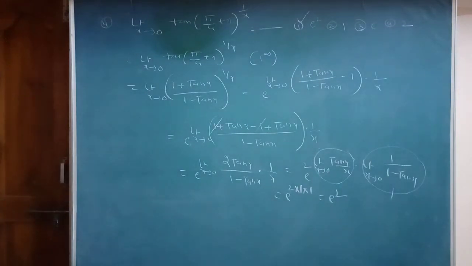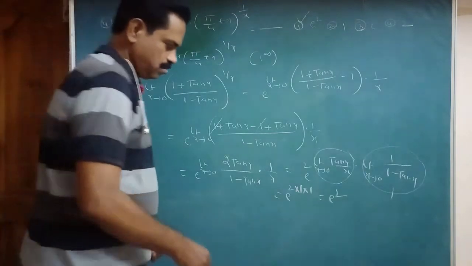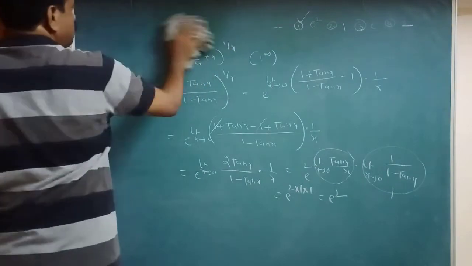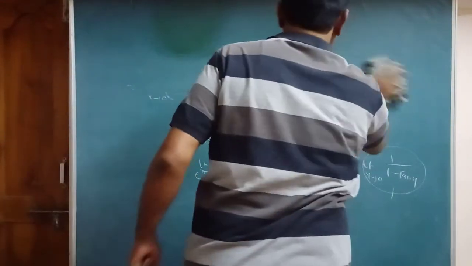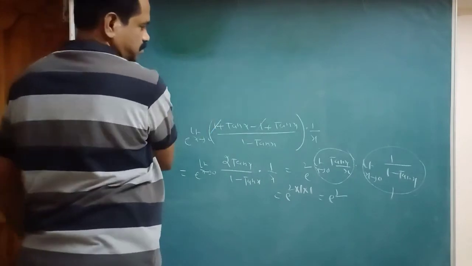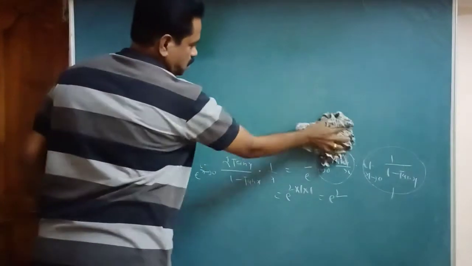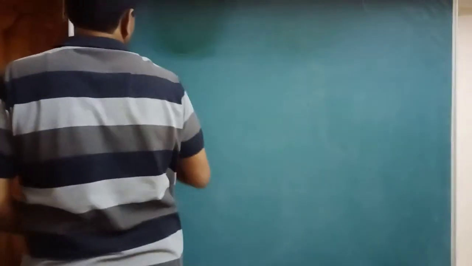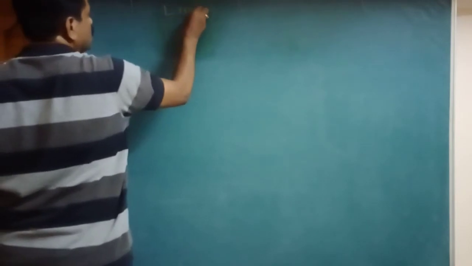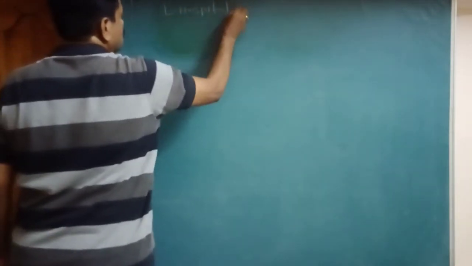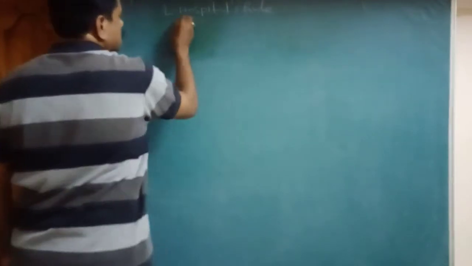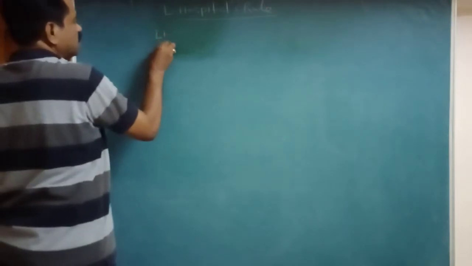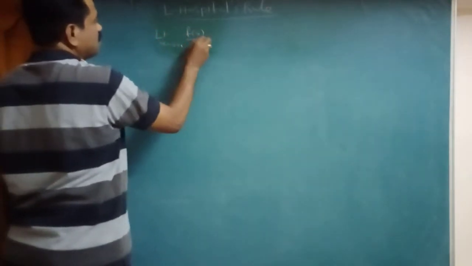Next, L'Hospital's rule. We know that L'Hospital rule is limit x tends to a of f of x by g of x.